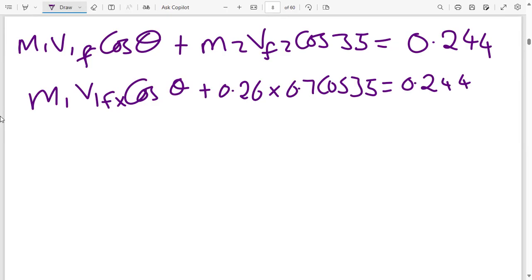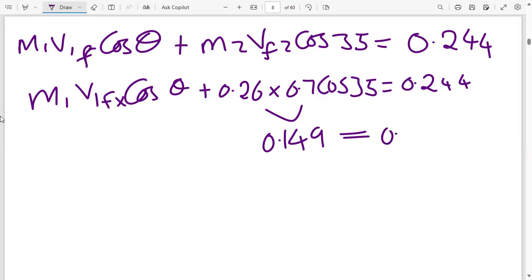So I punch in what I have here, 0.26 multiplied by 0.7 cos 35, and this gives me 0.149.